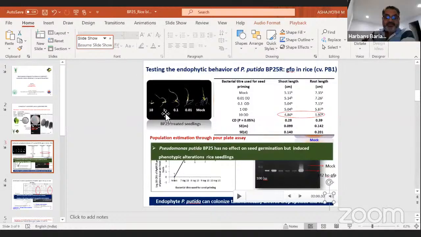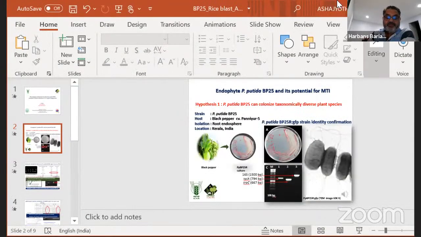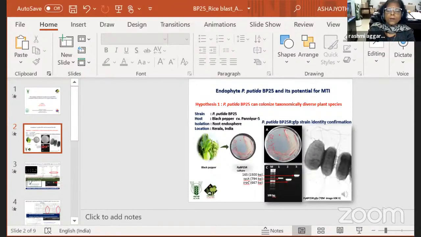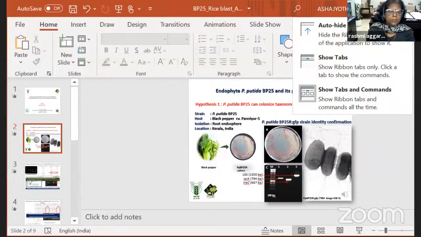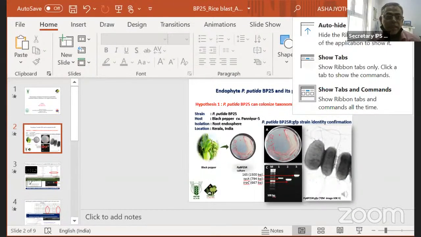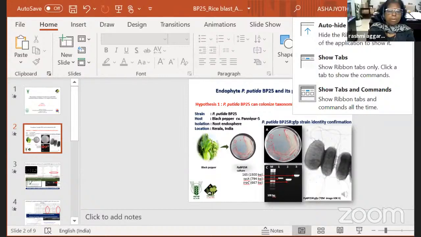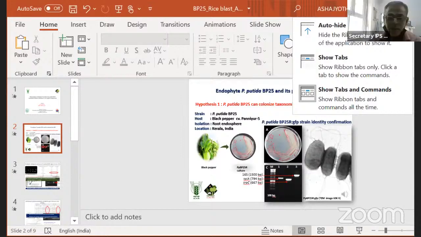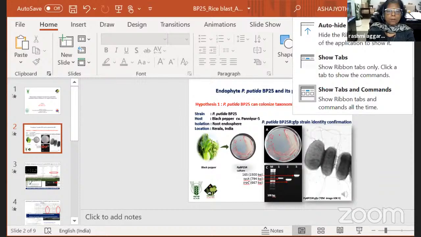Can you play your slides from your computer? You may have an unrecorded version of your PPT, Asha. I think she doesn't have it, she has to create it. Only one command is required: go to the slideshow and then record.